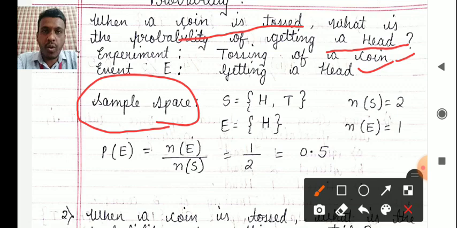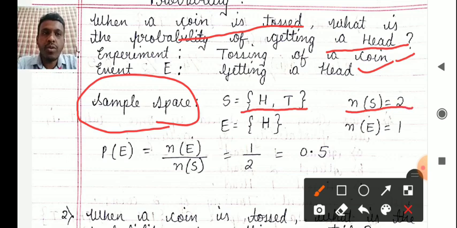So when you toss a coin once, what are the possibilities? Either a head or a tail. Any other possibility? No, there's no other possibility, and hence the set S consists of only H, T. So the number of items in the sample space is equal to 2, right?